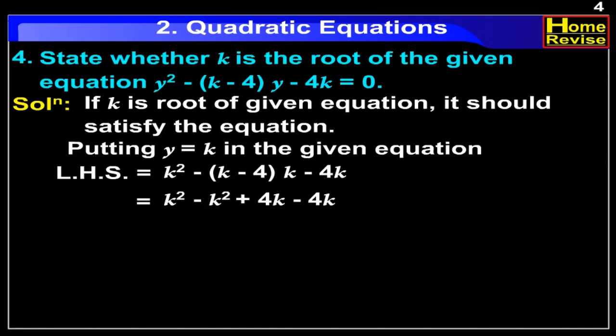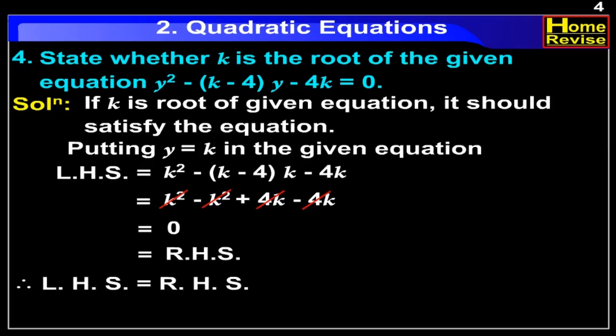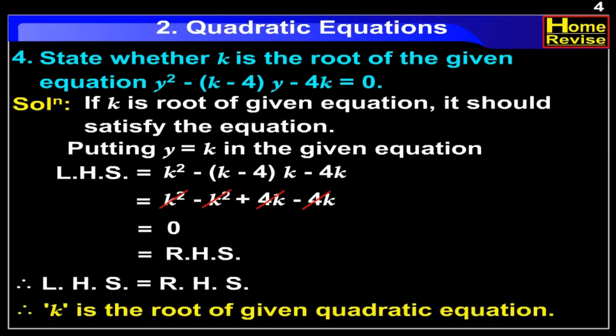Here, plus k² and minus k² get cancelled out. Similarly, plus 4k and minus 4k get cancelled out. Therefore, it is equal to 0, which is nothing but RHS. Therefore, LHS is equal to RHS. Thus, k is the root of the given quadratic equation.